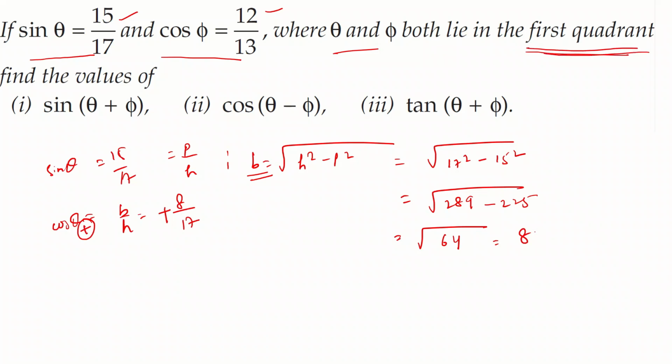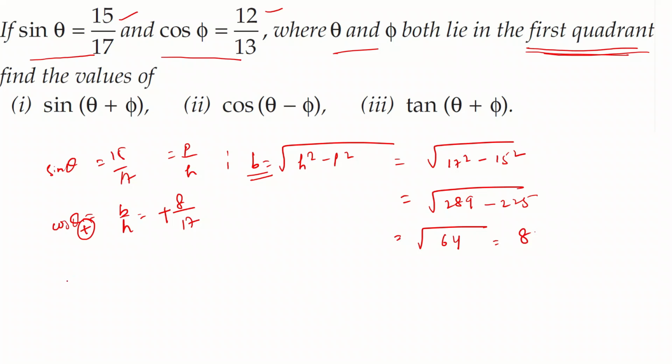If it was given that theta lies in the second quadrant, then cos theta would be minus 8 by 17, because in the second quadrant cos takes a negative value, so you would have to supply a negative sign with it. But since theta is in the first quadrant, cos theta takes a positive value.